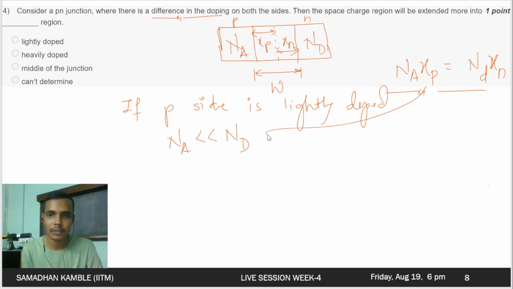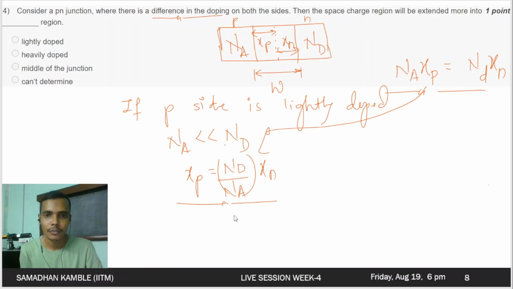Using this relation, xp is equal to Nd over Na times xn. As Nd is quite higher than Na, this ratio is more than 1 here, so xp is quite higher than xn.